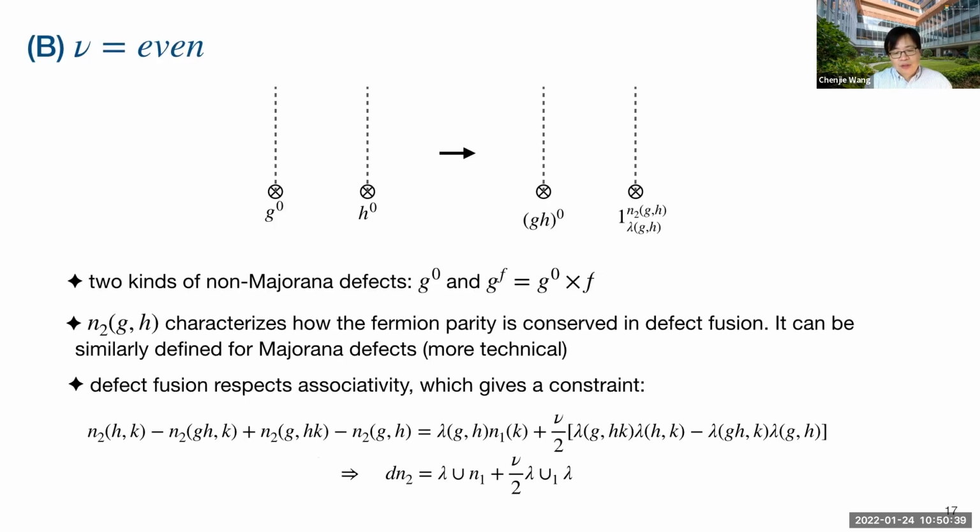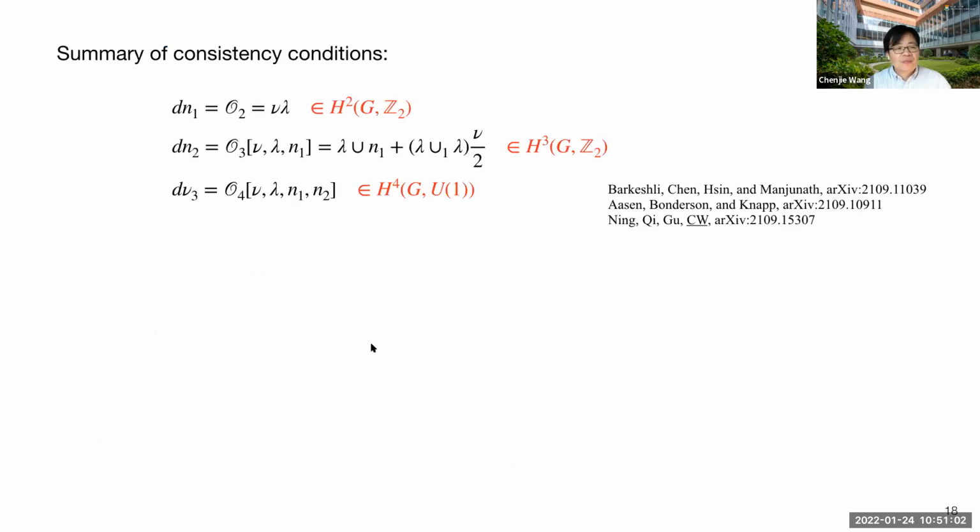This equation is similar to the one for the Majorana zero mode case. The right-hand side, one can show, is a 3 cocycle. The left-hand side is a 3 coboundary. So it gives some consistency condition, in order for the system to be compatible with the symmetry. In fact, there is another consistency condition which I don't have time to talk about.